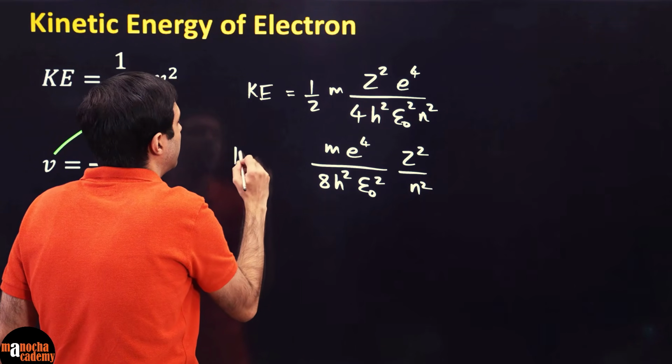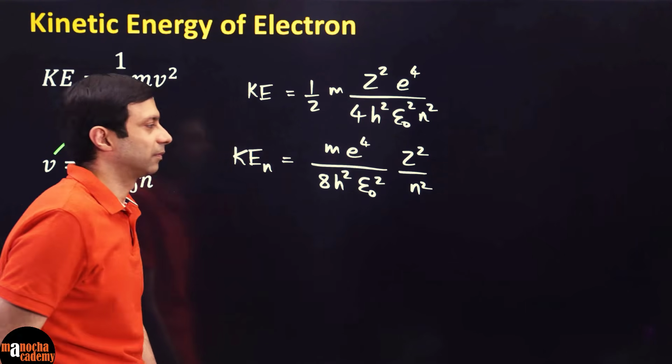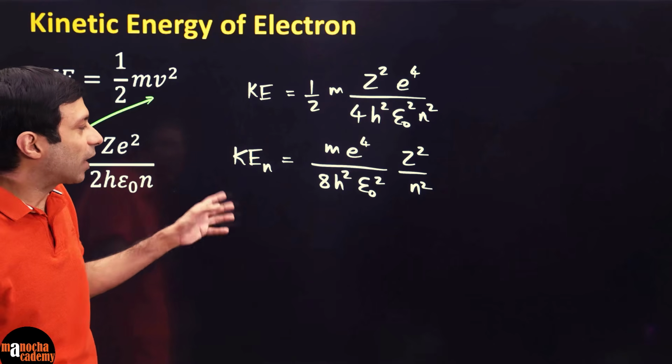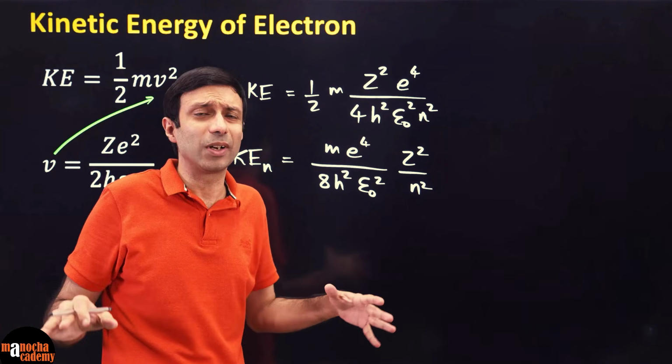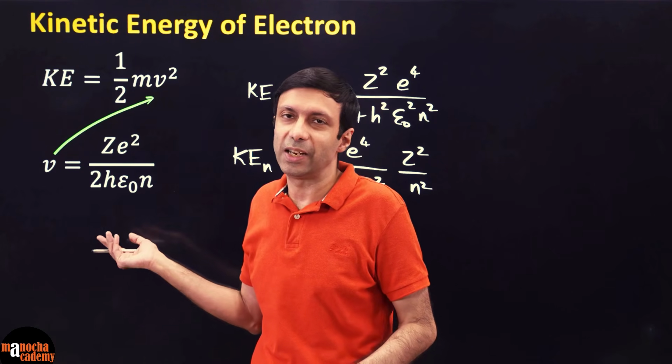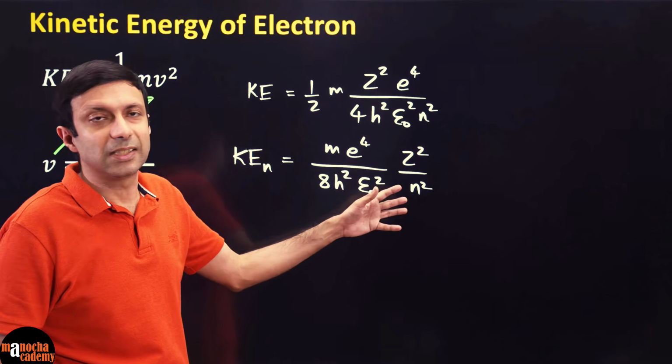This is your kinetic energy in the nth shell. Remember, n is the shell number. So the kinetic energy of the electron in the nth shell is given by this complicated expression. Again, don't get scared, because you saw the derivation was very easy. If you knew the velocity formula, you just substitute it here and you will get this expression.